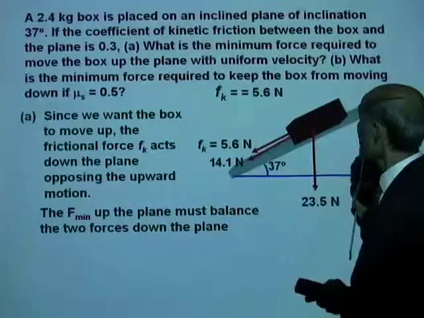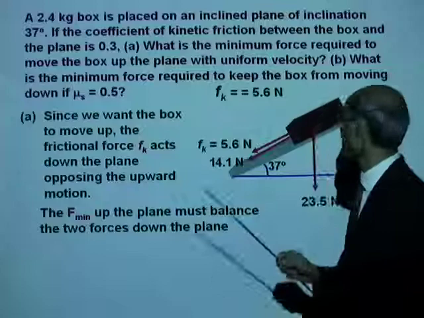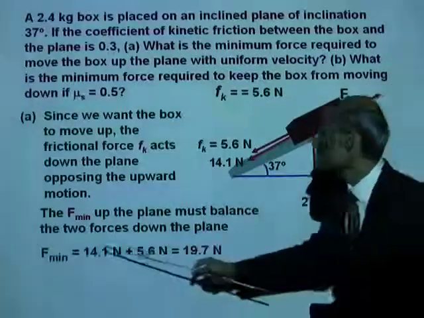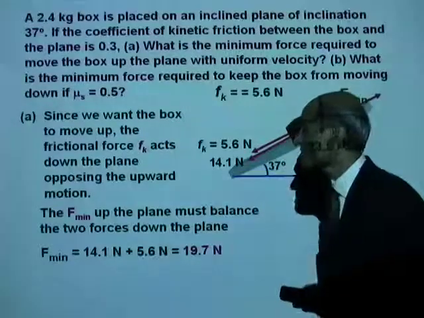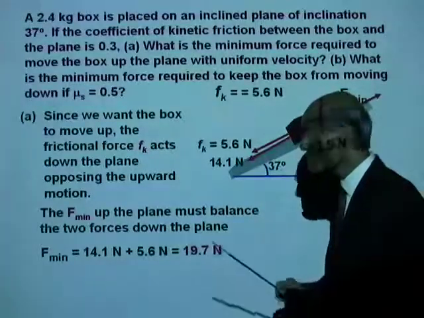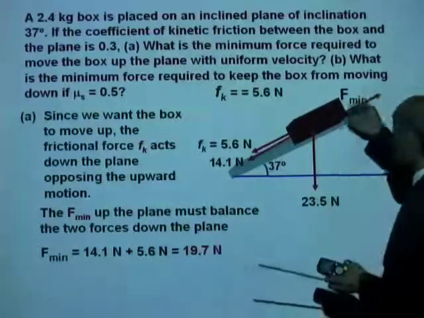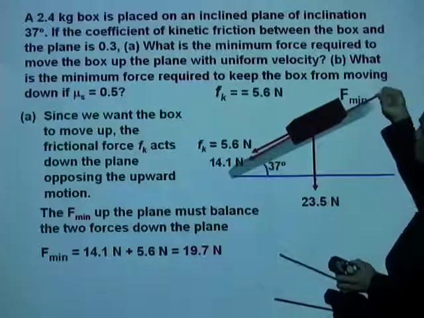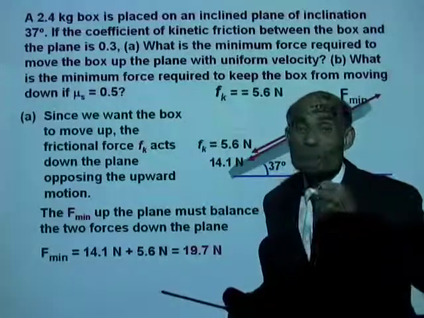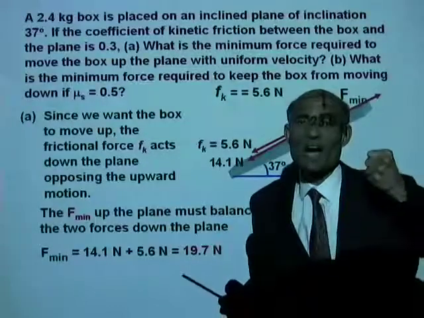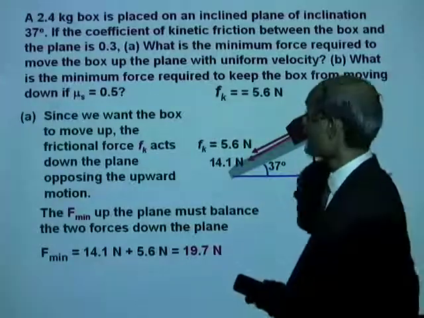The minimum force must therefore balance these two downward forces. So that F minimum therefore must be equal to 14.1 Newton plus 5.6 Newton, that is 19.7 Newton. A force of 19.7 Newton applied upward will make the box move uniformly without an acceleration. There is no net force on the box at that time.